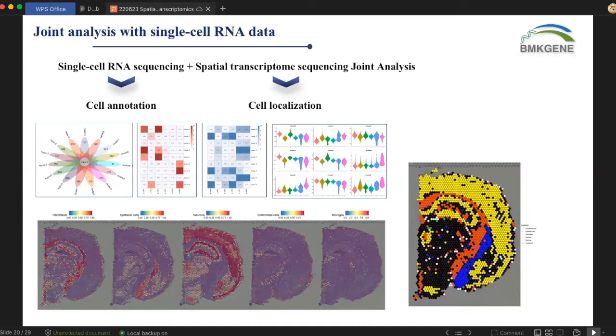So basically the joint analysis is mainly on the correlation between different clusters generated from two different sets of data. For example, once we correlate the cell clusters with the spot clusters, we know that this part of the spots is more likely to be a certain cell type, and then we align the cell type on top of this position information.